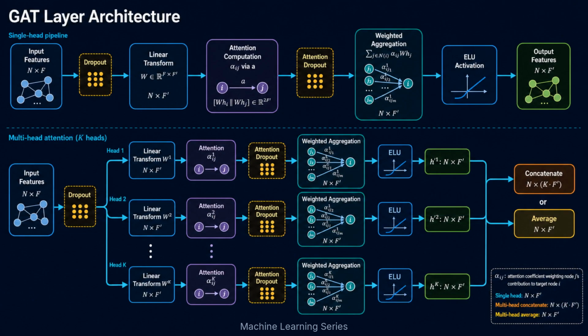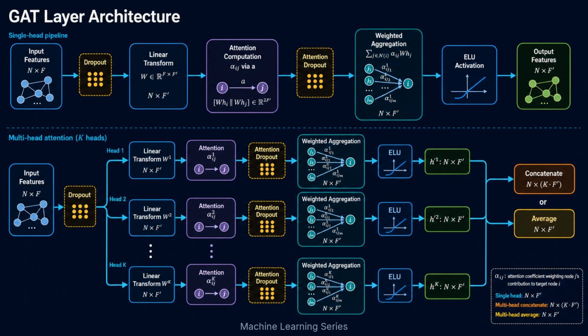Let's walk through the complete GAT layer architecture. Input features have dimension F, with n nodes giving us an n by F input matrix. First, we apply a linear transformation W to get n by F prime features. In parallel, we compute attention coefficients between all connected node pairs using the attention vector a. These coefficients are normalized by softmax. Dropout is applied both to input features and to attention coefficients during training for regularization.